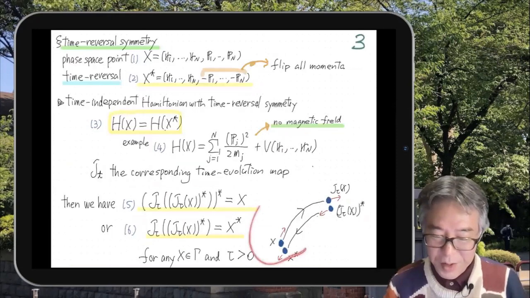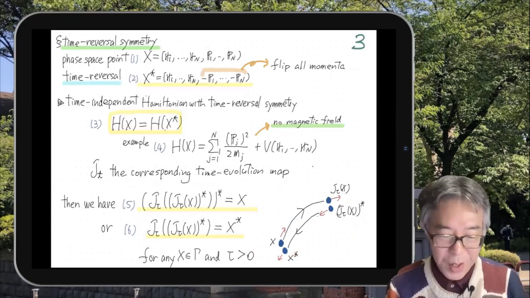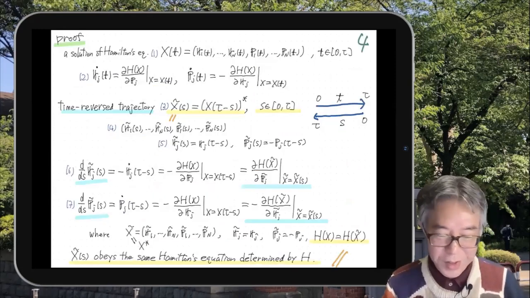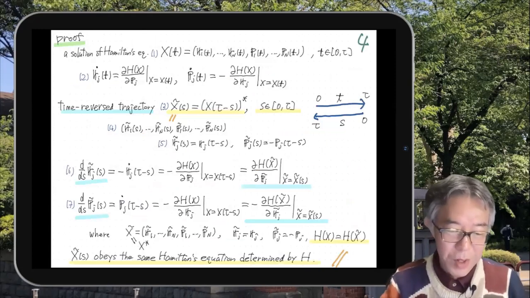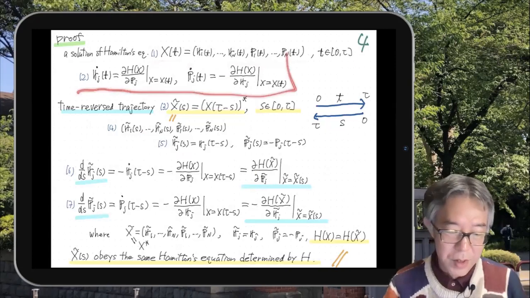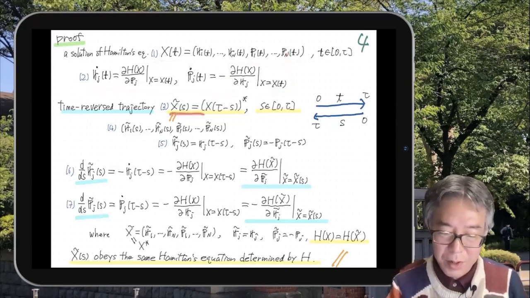Yeah, and this looks just obvious, and I think you don't need a proof. But this is a lecture, so I want to be complete. So this is a proof, but it's just simple. Suppose that x_t is a solution of Hamilton's equation like this, and then I just consider the time reversed trajectory like this. It's basically the same thing, but it's written as a function of s, and s is a reversed time.